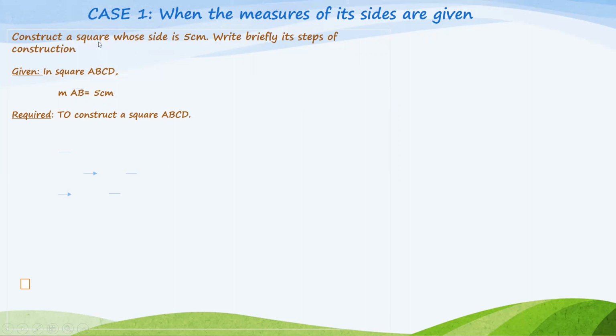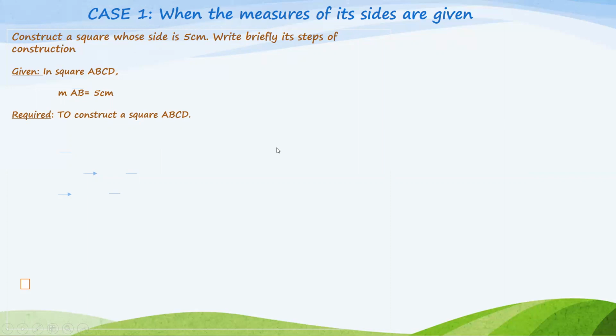It's up to you. You can mention the name ABCD or PQRS. Here I have taken the name ABCD. So in the square ABCD, measurement AB is equal to 5 centimeter. It is given. We have to construct the square ABCD.